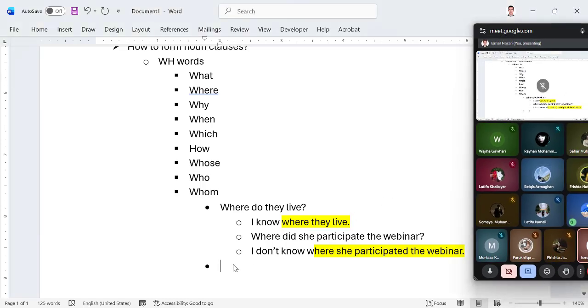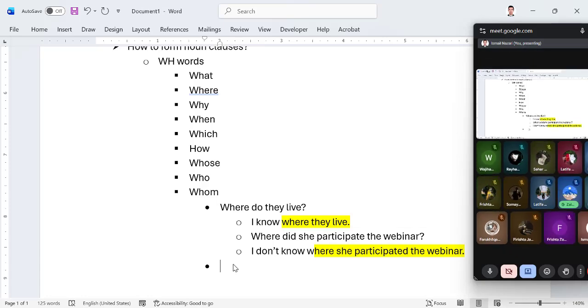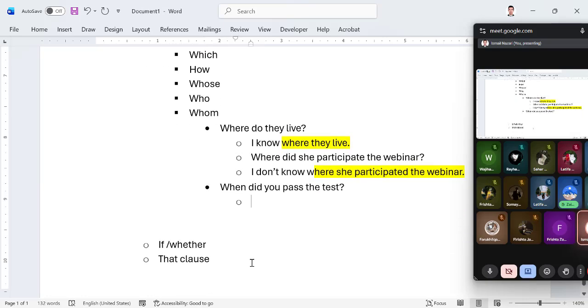Okay, for example, when did you pass the test? So here we have the question. How do you answer that? You may answer, I want to know when you passed the test.